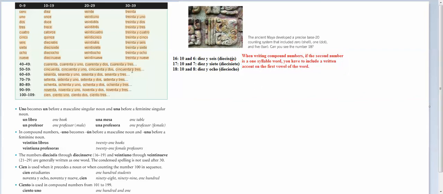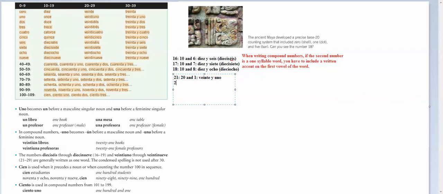Okay. All right. So then if we keep going, we've got 16, 17, 18, 19. Then we come over here to 20, and we have another pattern. Same pattern we had for our teens. So if I want to write 21, that's actually 20 and 1, which would be 20 y uno, all right?